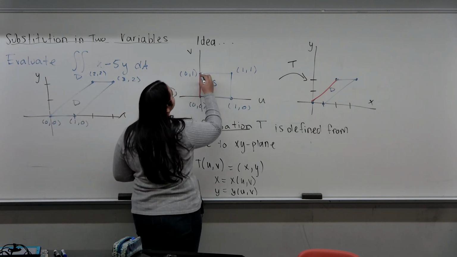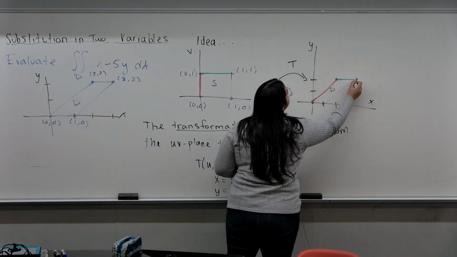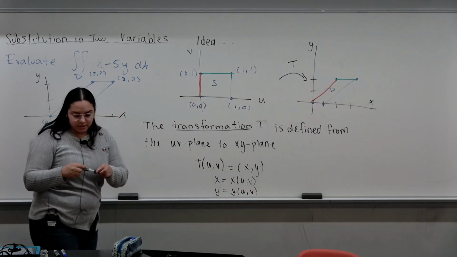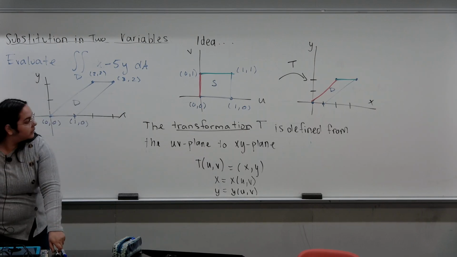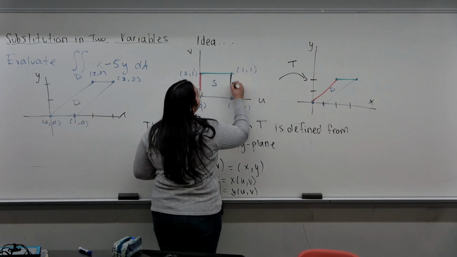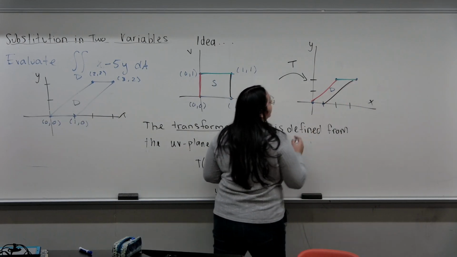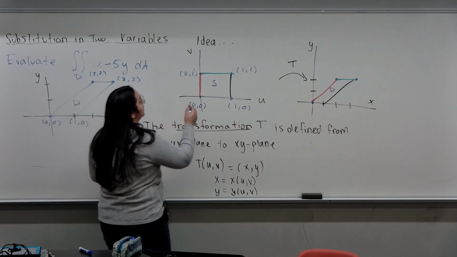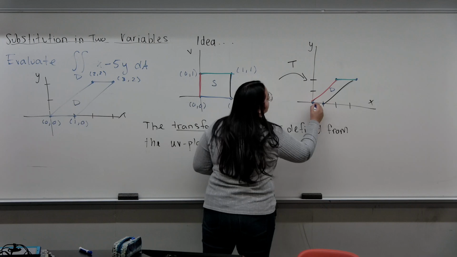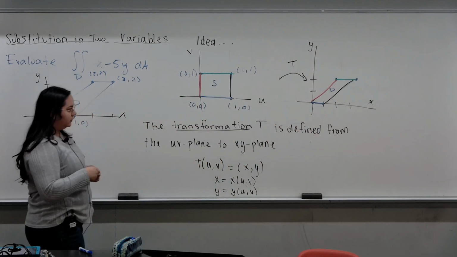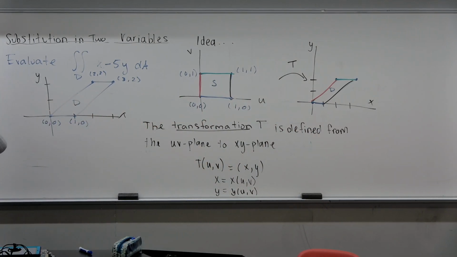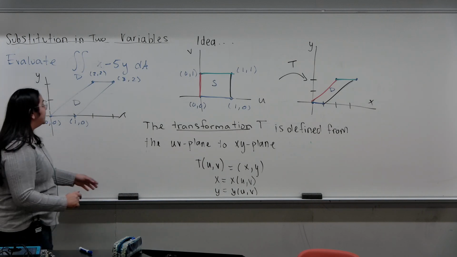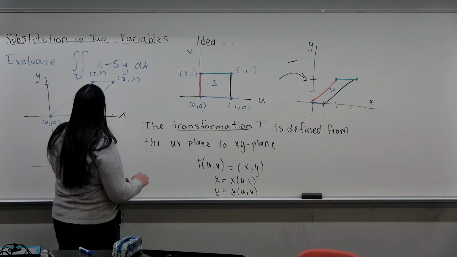This side gets mapped to this side of the parallelogram. Line got mapped to another line. This side got mapped to this side of the parallelogram. Yet another line got mapped to another line. And finally, this portion and this portion, lines get mapped to lines, right? So in general, we can think of this transformation for this example to be, in a sense, linear. So what is it being a linear transformation do to help us?